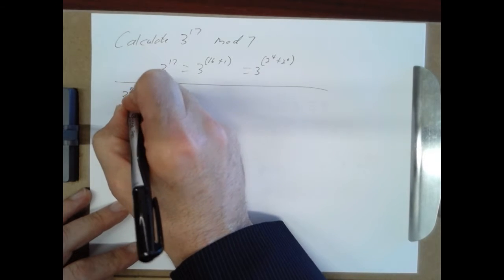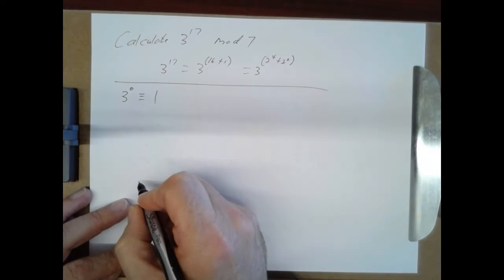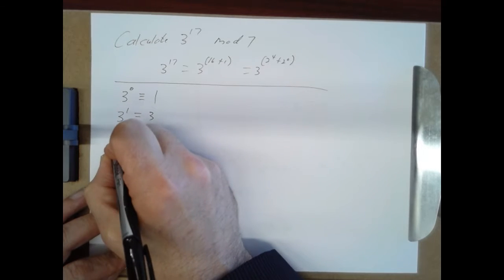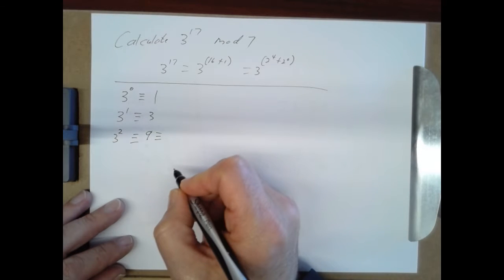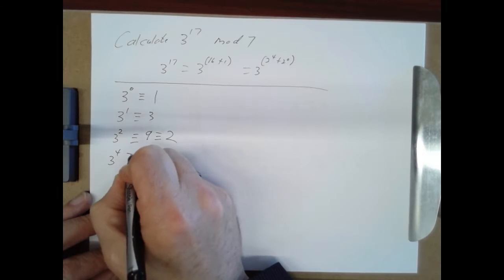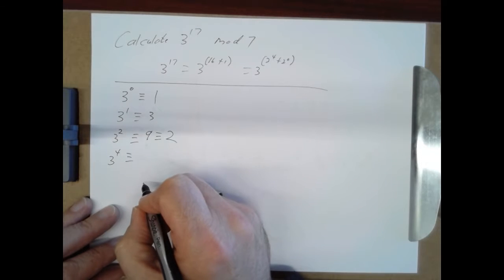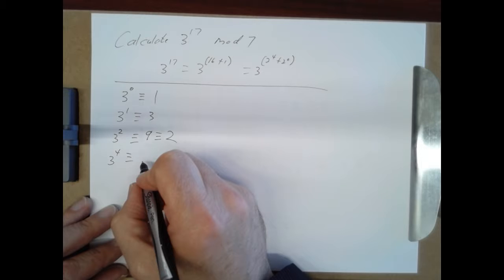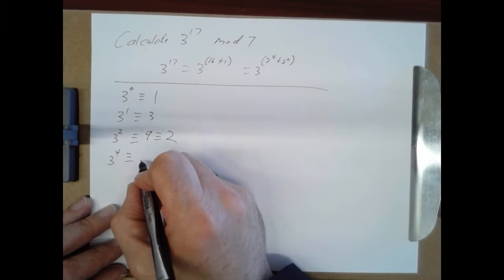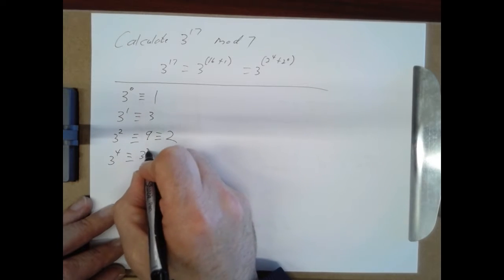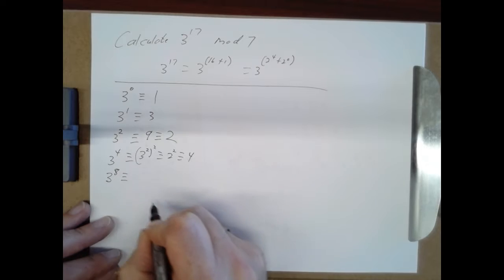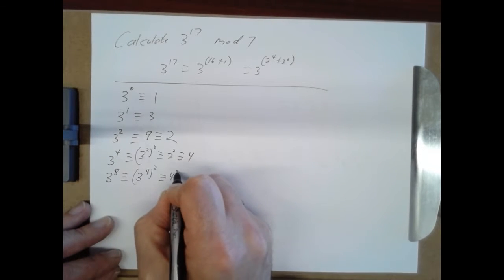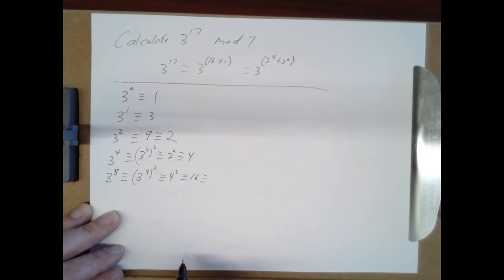So 3 to the 0 is just 1, so that's congruent to 1. 3 to the 1 is just 3. 3 squared is congruent to what? 9, which is congruent to 2 mod 7, good. 3 to the 4th, we just have to square 3 squared, which is 2 squared, which is 4. 3 to the 8th will be 3 to the 4th squared, which is 4 squared, which is 16, which is congruent to what? 2.